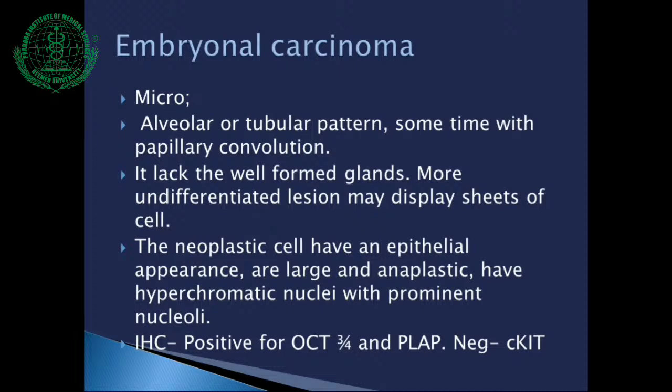They are large anaplastic cells with hyperchromatic nuclei and prominent nucleoli. IHC means immunohistochemistry, which I have explained. It is positive for OCT4 and negative for CKIT. These are the markers which are used for the identification of the tumor.